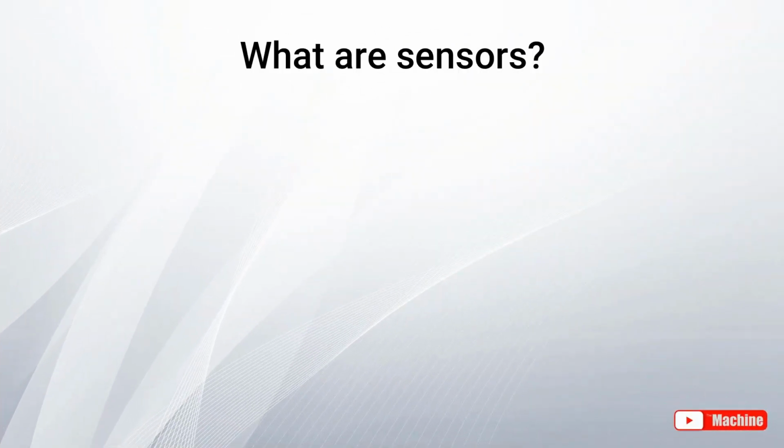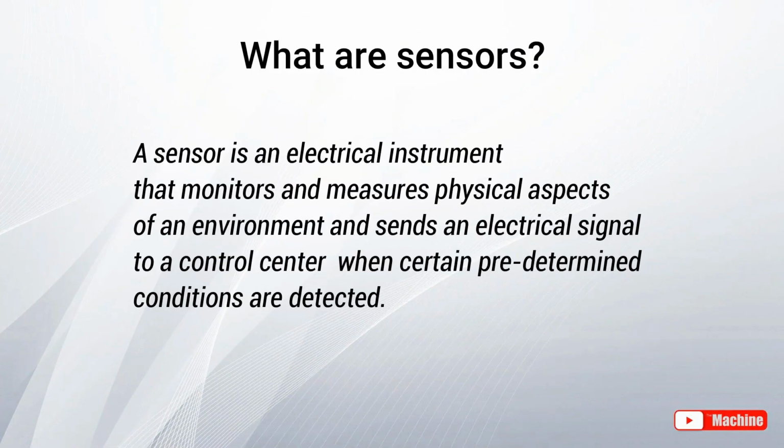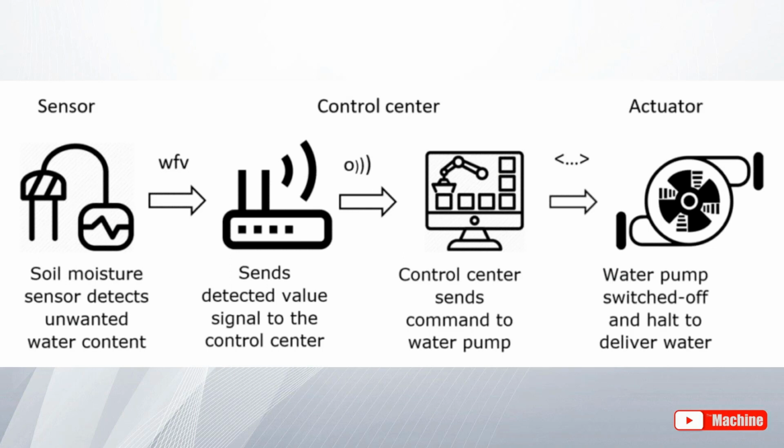So, what are sensors? A sensor is an electrical instrument that monitors and measures physical aspects of an environment and sends an electrical signal to a control center when certain predetermined conditions are detected. It turns physical inputs into electrical signals that are output to the control center.